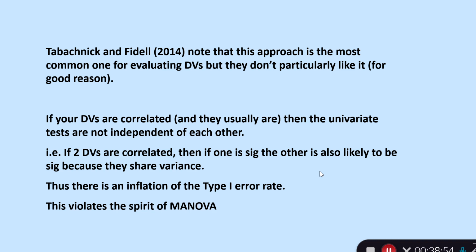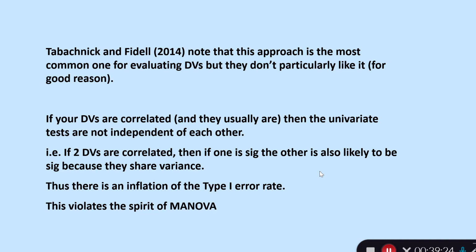Some of the issues that Tabachnick and Fidell raise about taking this approach to do your post-hoc follow-up tests following a significant MANOVA is that if your DVs are correlated, and they usually are, then the univariate tests are not going to be independent of each other. So if 2 DVs are correlated, then if one is significant, the other is also likely to be significant because they share variance.